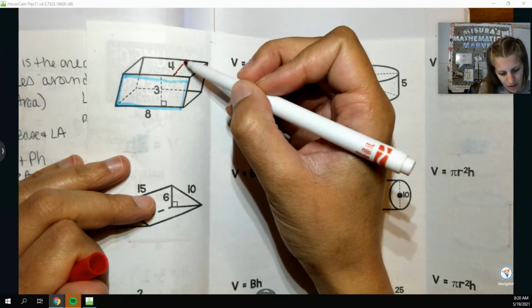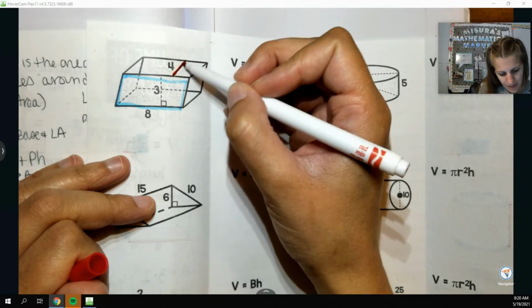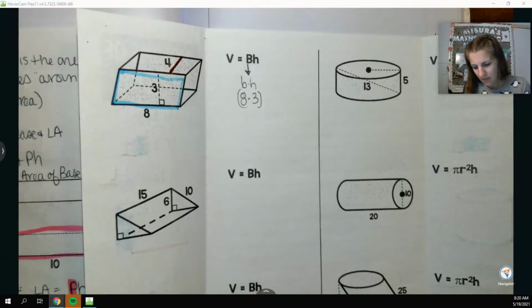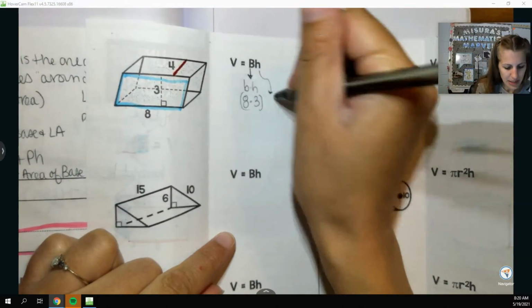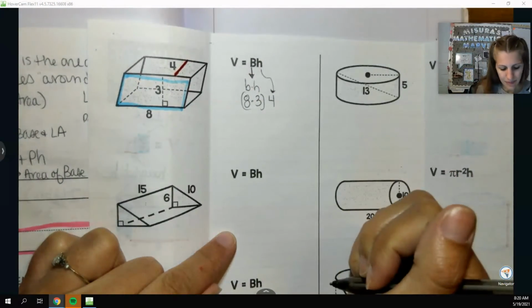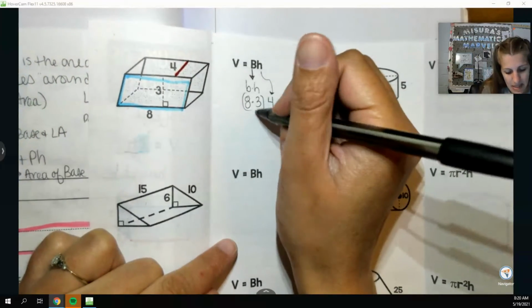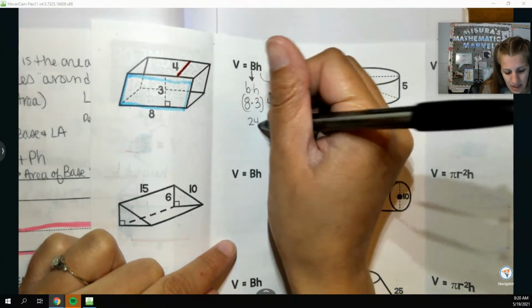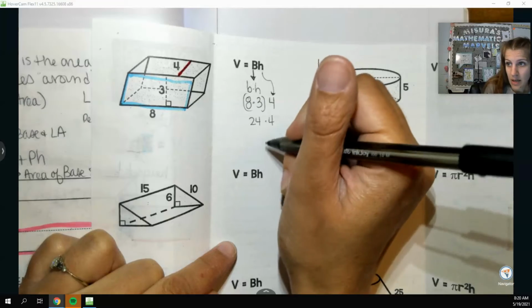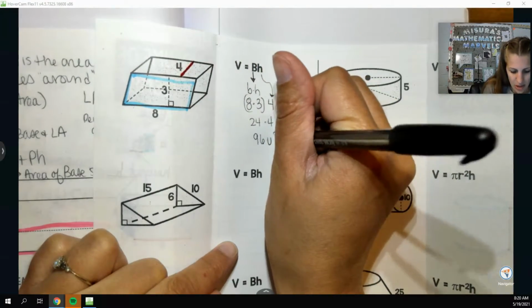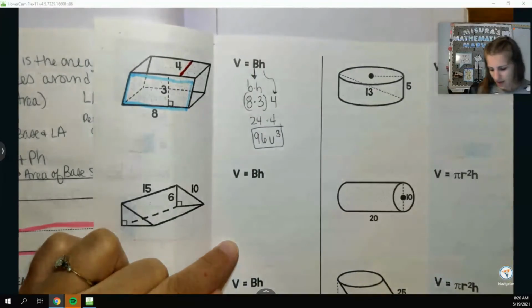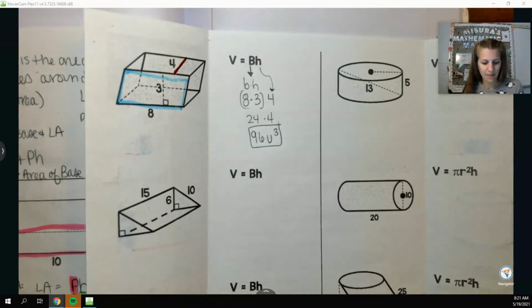So right here they're showing me how far it is from front to back, or base to base. So that's why this number is 4. And so when I multiply this up, we got 24 times 4 for 96 units cubed. Oh my gosh, did I forget to do that on the front with the cylinder? No, I did it. Okay, good.